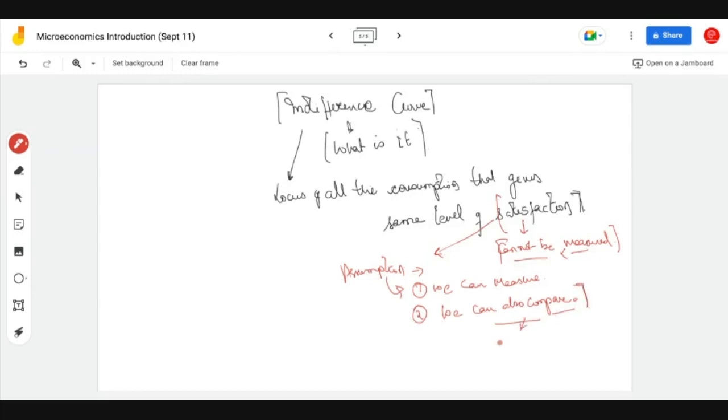Like if someone is consuming, let's say, ice cream and samosa, we can compare the amount of satisfaction. When we talk about amount, this is possible only when we can measure, and anything which is measurable is comparable. So there is some kind of interlinkage between these two.